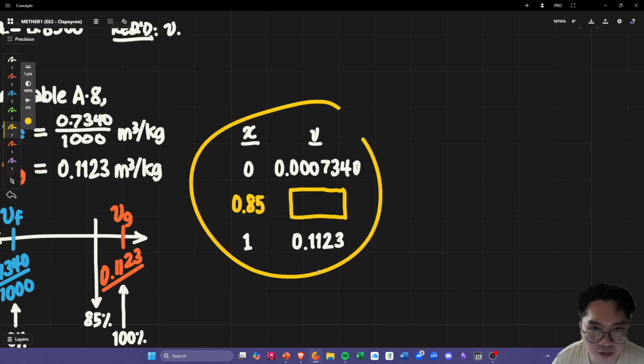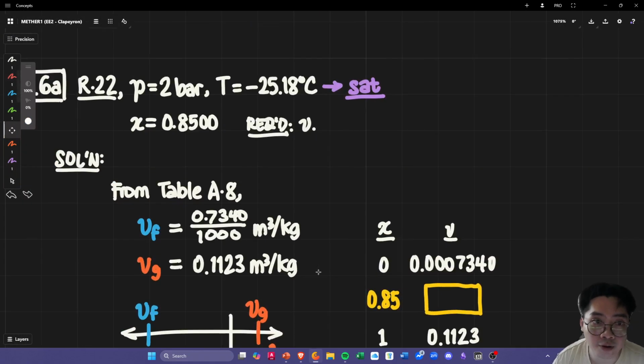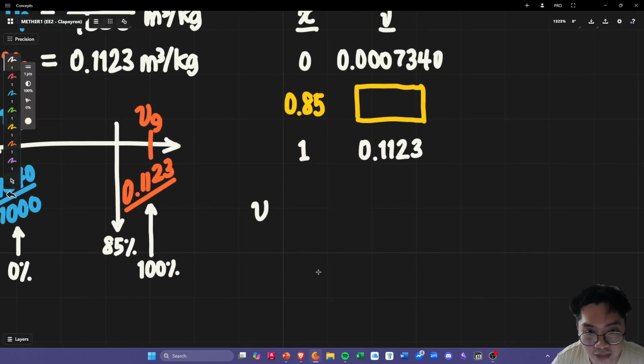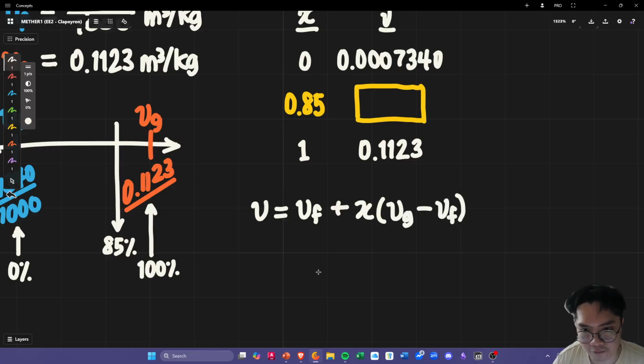You can put this as a linear interpolation problem, or we do the thing that we just discovered earlier, which was V is equal to VF plus X times VG minus VF.